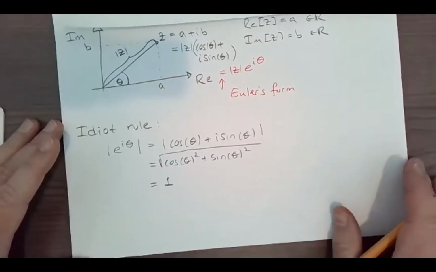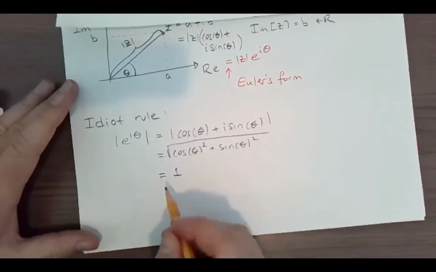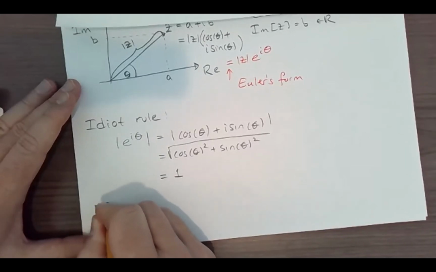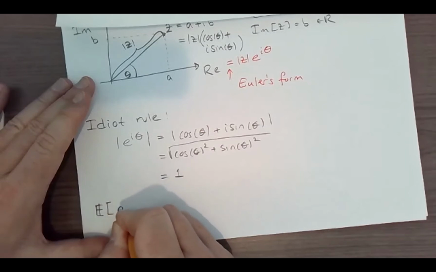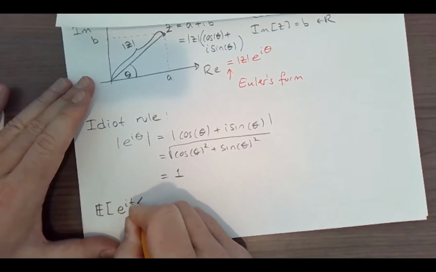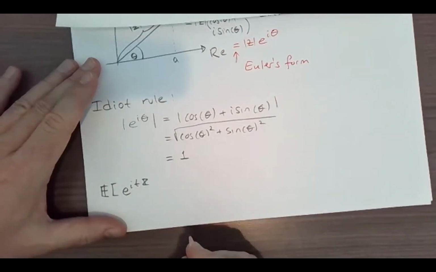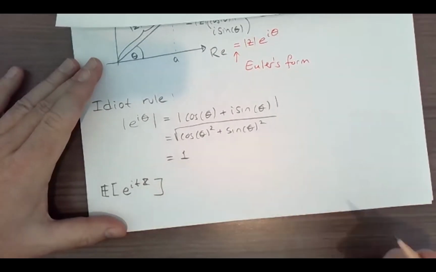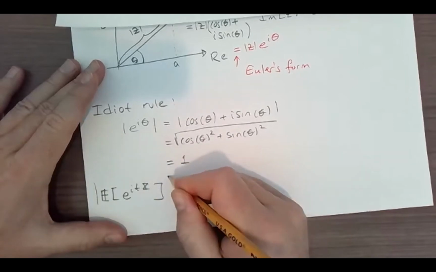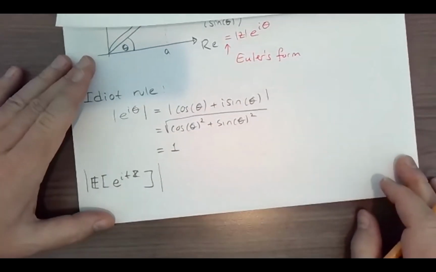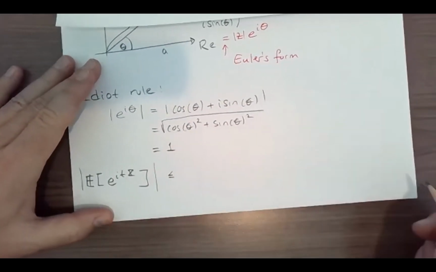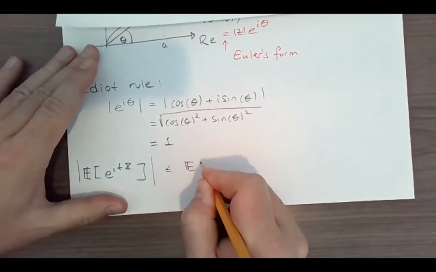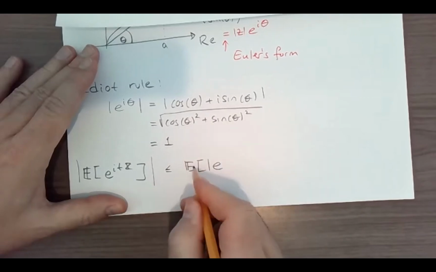This is convenient, and important for us, because if I look at the characteristic function of e^(itX), this is my complex number. I can take the absolute value, and if I pull the absolute value inside, I get something that is bigger.